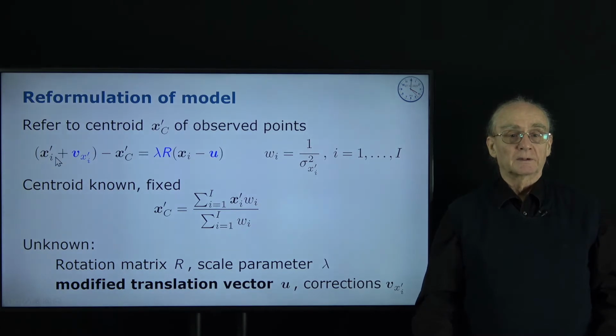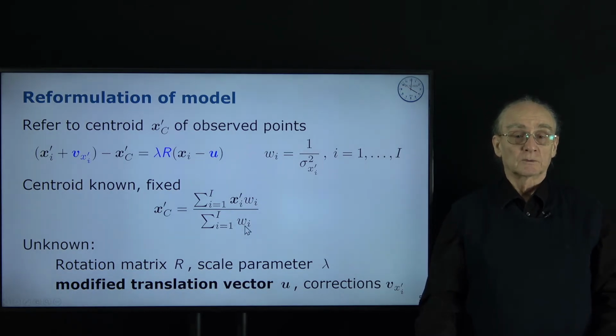So we have the observed coordinates plus the corrections minus the centroid of these coordinates is equal to the scaled rotation multiplied with the difference between the given coordinates and some unknown parameter u, which we don't know up to now. So the centroid for the given coordinates is nothing else than the weighted sum of the coordinates divided by the weights. So it's a weighted average of each of the coordinates.